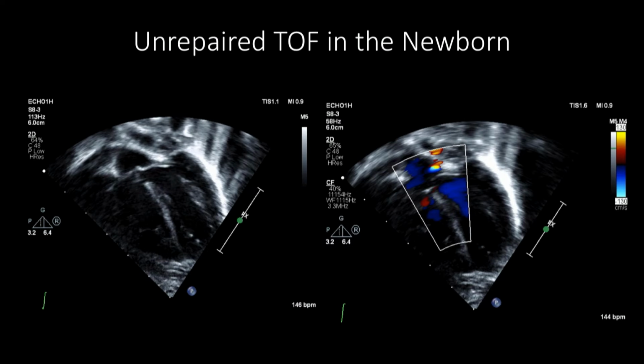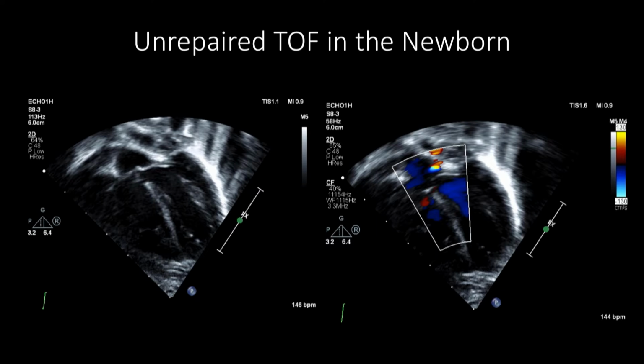Okay, so let's take a step back now that you're familiar with the frame, and let's look at what tetralogy of Fallot looks like in the newborn. And apologies, these are congenital views.